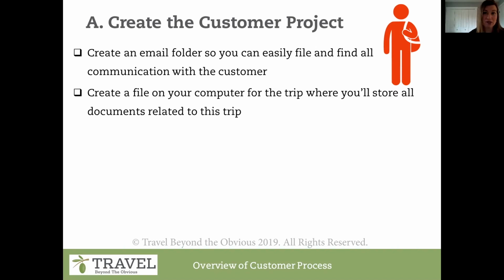Then in another place on your computer, or maybe you're using the cloud, maybe you're using Google Docs, you're going to create a folder for that trip. So all the documents related to that trip are going to be in one place. That might be hotel confirmations, credit card authorizations, the client contract that you sent them that they signed, any document that is associated with that trip needs to go in some kind of file.